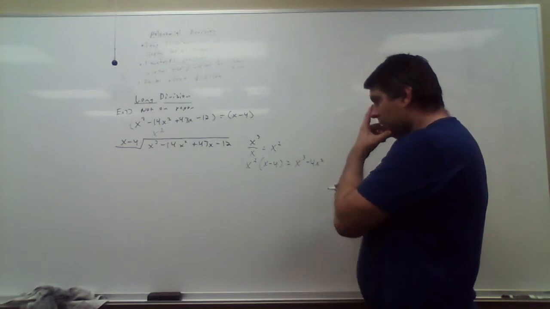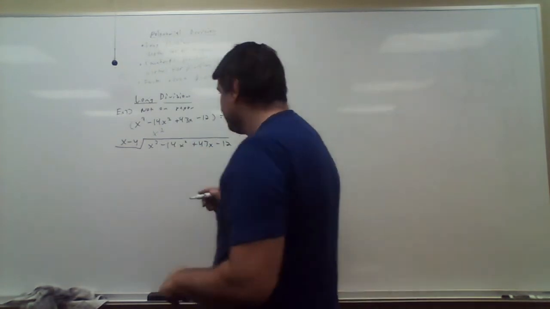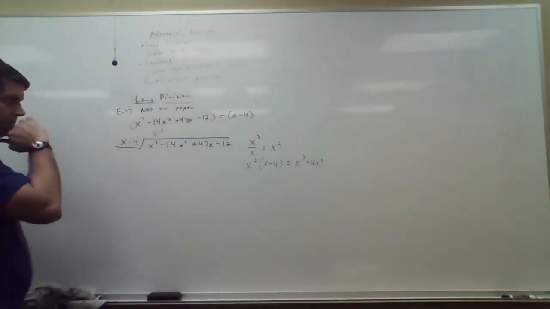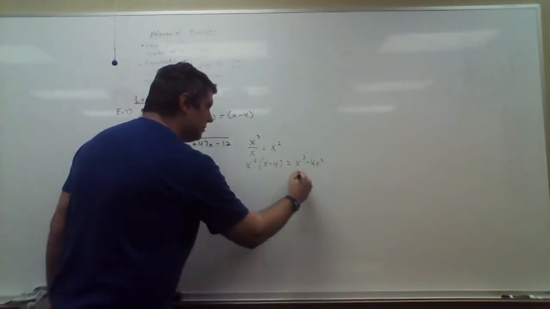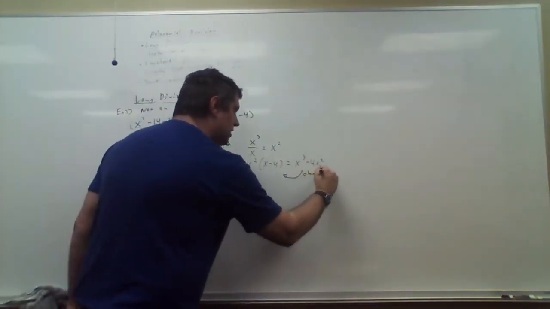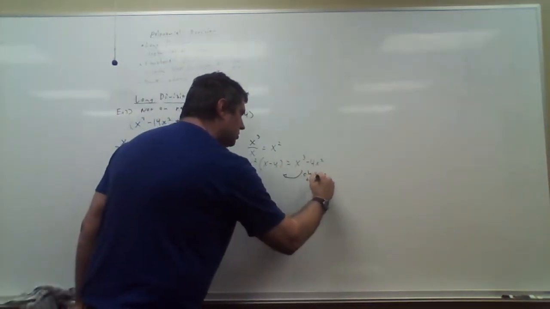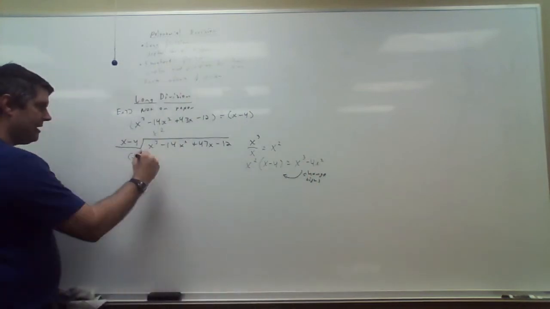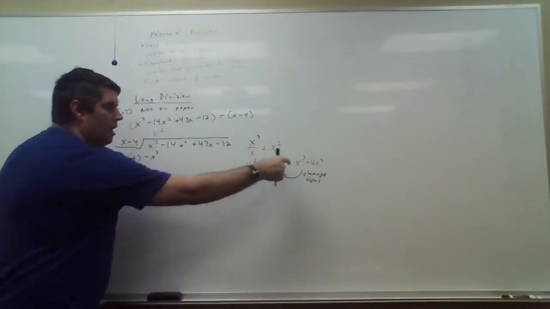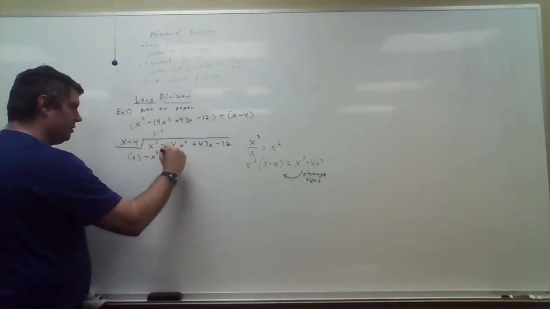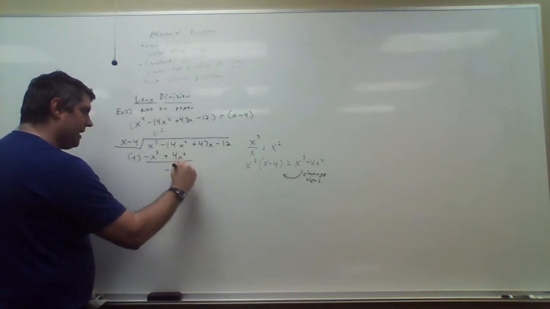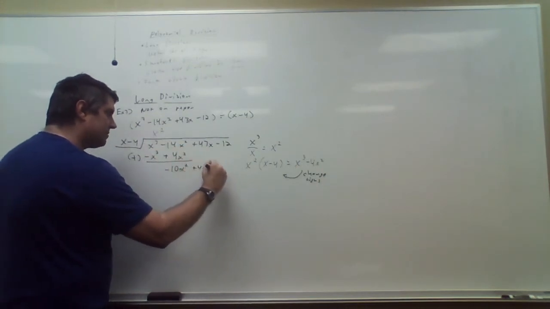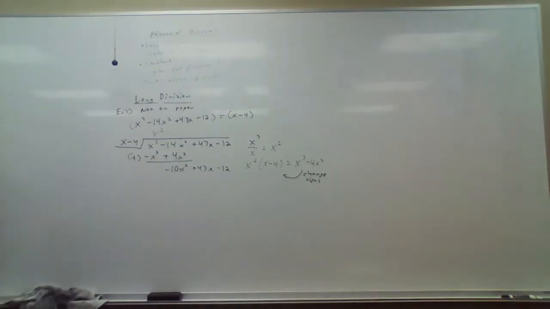I will go ahead and add the opposite. Change signs, and we have negative x cubed plus 4x squared, which gives me negative 10x squared plus 43x minus 12.